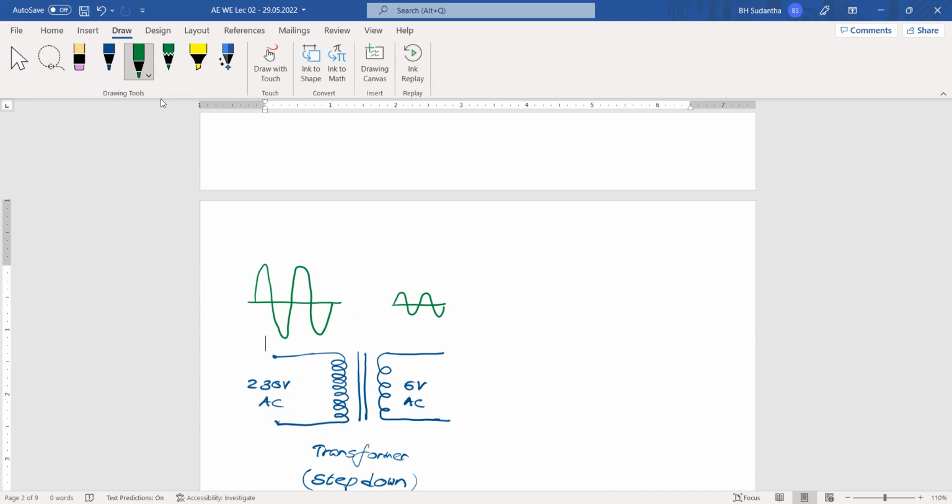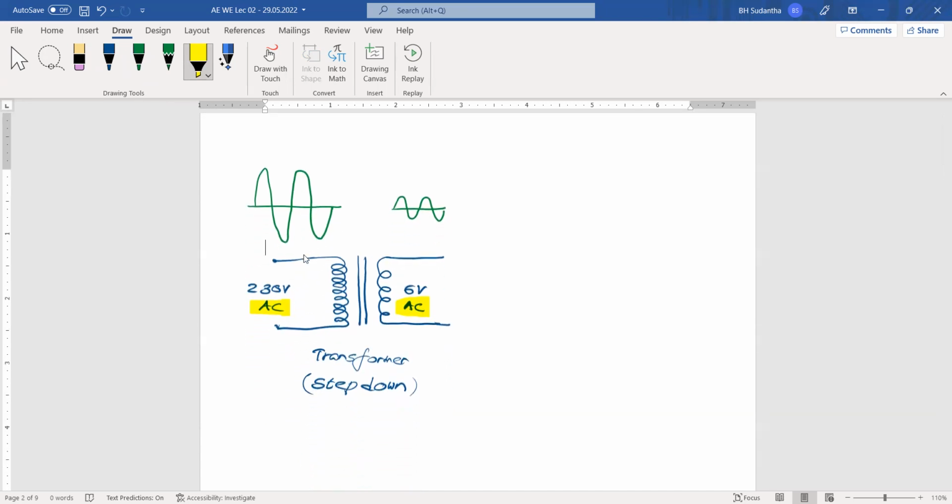But still you can see from the input side here, this is an AC waveform, and the output side is also an AC waveform. But what we have done, we have reduced the input voltage. Now the higher voltages have been reduced to low voltages, but still the AC part is there. Now we have to convert this AC into DC.